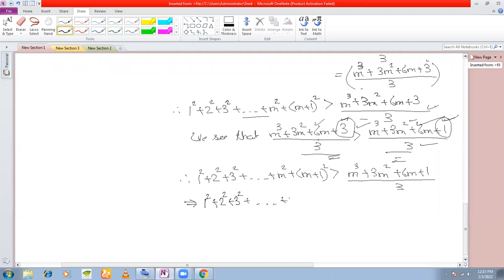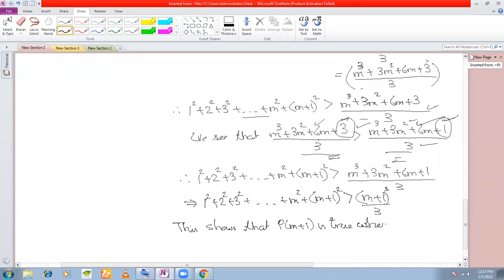So that means I can write this as greater than m plus 1 whole cube divided by 3. So we have proved Pm plus 1. So this shows that Pm plus 1 is true whenever Pm is assumed to be true.